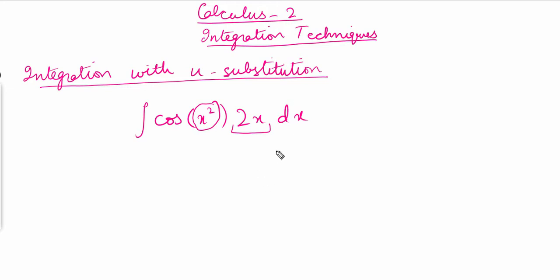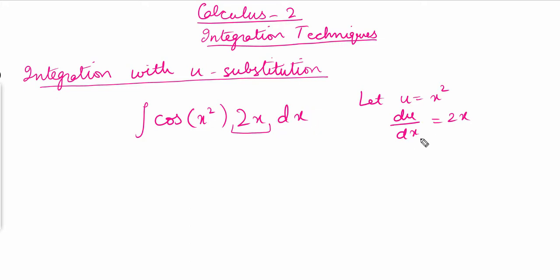So what you do is you will simply say that let u equal x square. Then du by dx will become equal to 2x, and because you are substituting u in place of x square, you have to write dx in terms of du.